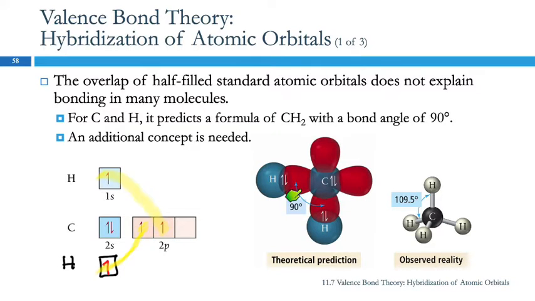And so, just like the H2S, this predicts that this bond angle would be 90 degrees, and that you would have a molecule that is CH2. CH2 doesn't exist. CH4 does, but it has a bond angle of 109.5. So something's missing. We can't just overlap these standard atomic orbitals.